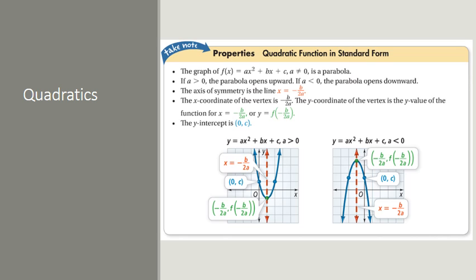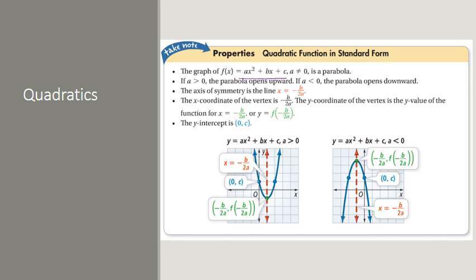So a quadratic is in standard form, ax squared plus bx plus c. And of course a can't be 0 or it's not a quadratic. The graph is a parabola. If our a is positive, it opens upward. If it's negative, it opens downward.